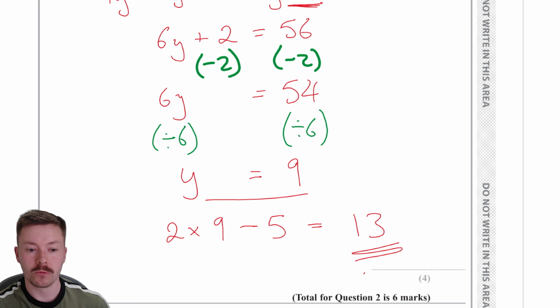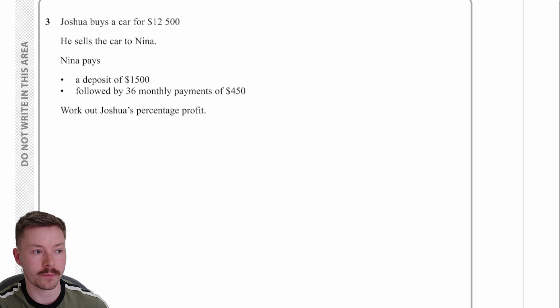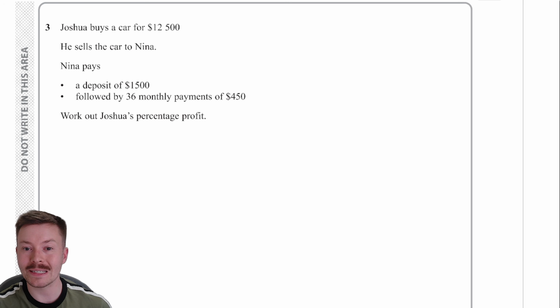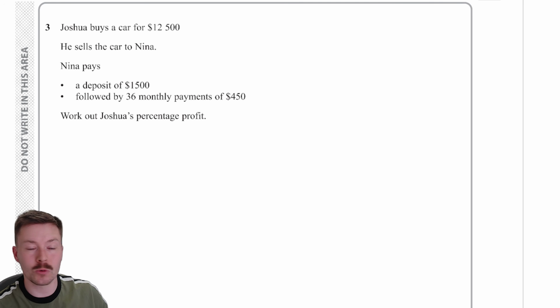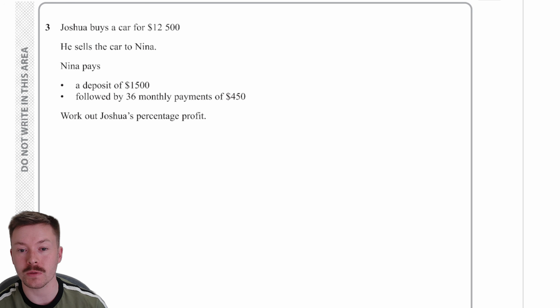Okay, right, moving on to the next question, question 3. Joshua buys a car for $12,500. He sells the car to Nina. Nina pays a deposit of $1,500, followed by 36 monthly payments of $450. Work out Joshua's percentage profit. Okay.